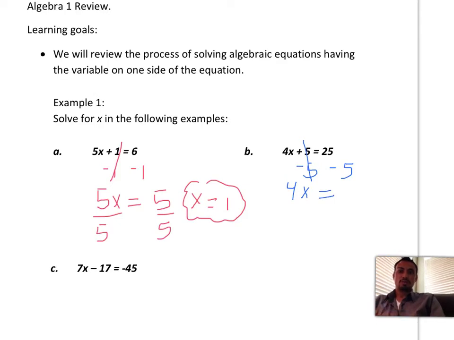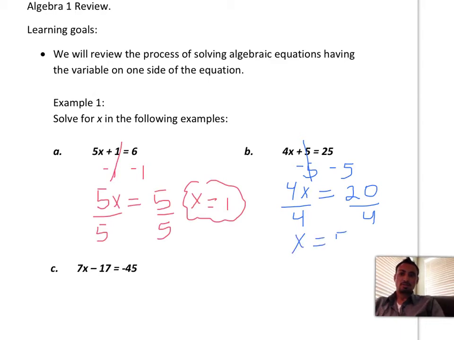And 25 minus 5 is 20, and then we divide by 4 to find the value of x. And as you know, 4 goes into 20 5 times, so that means x equals 5 is our solution, okay?